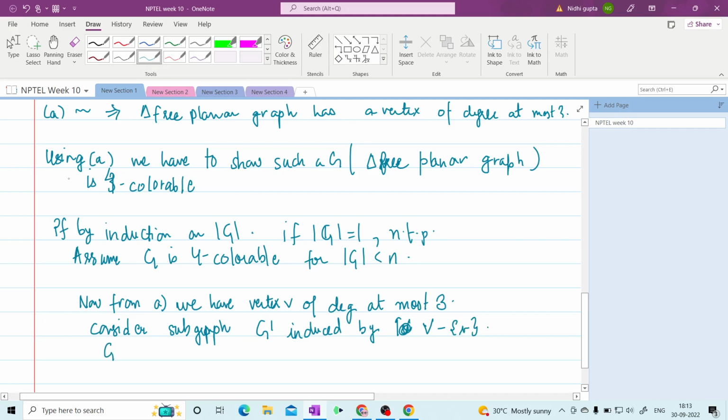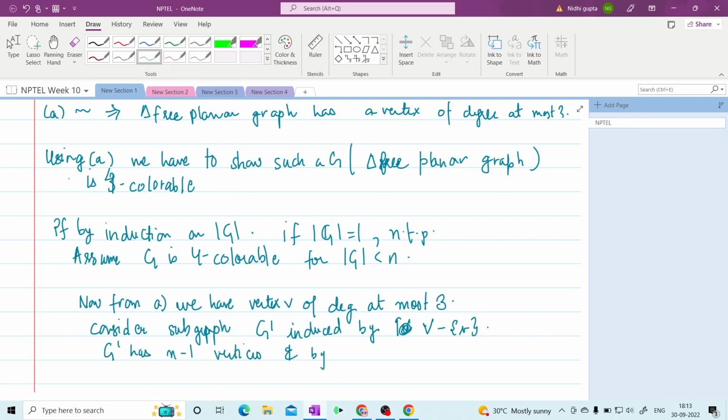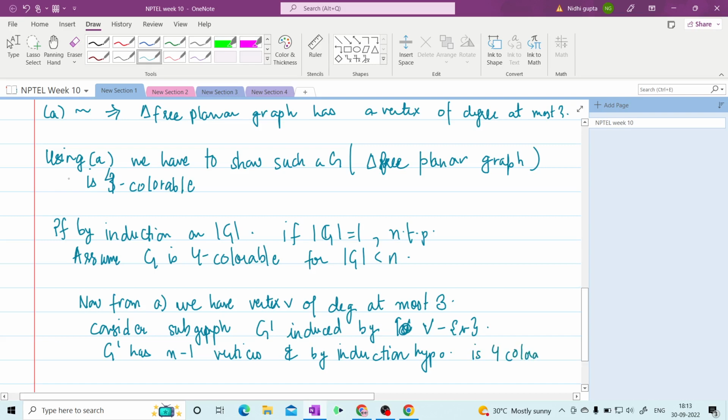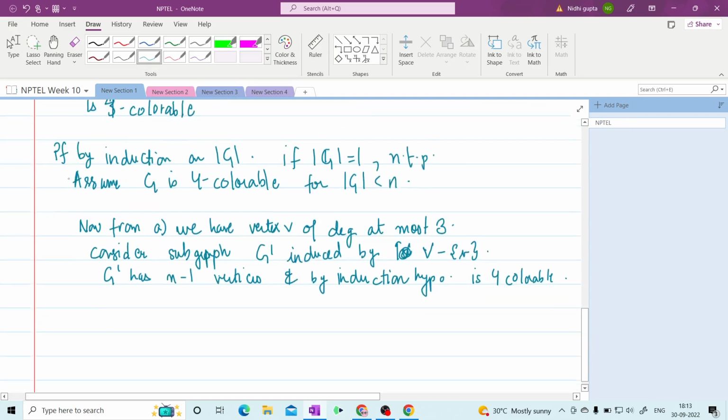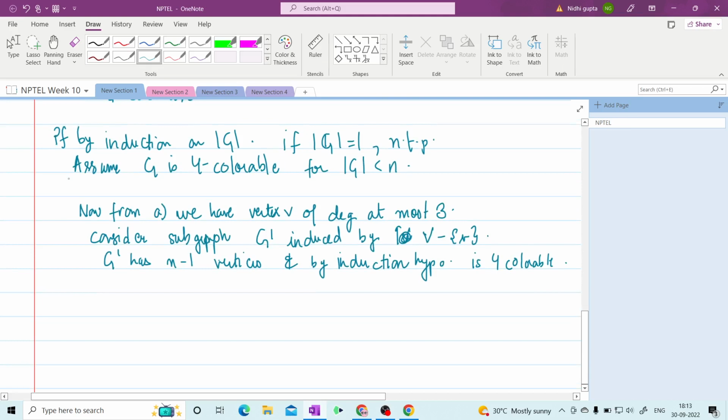So we see that G dash has n minus 1 vertices, and by induction hypothesis is 4 colorable. So now all the vertices of G are colored except v. Consider G. Only v remains to be colored.